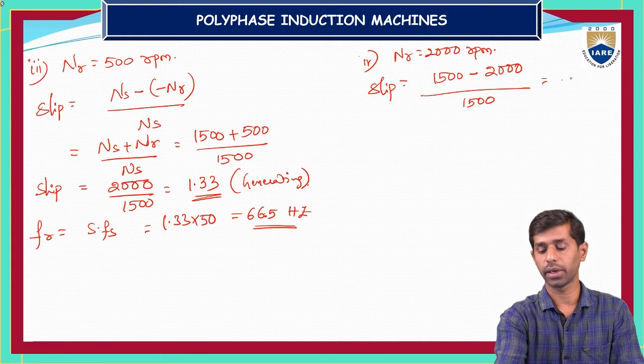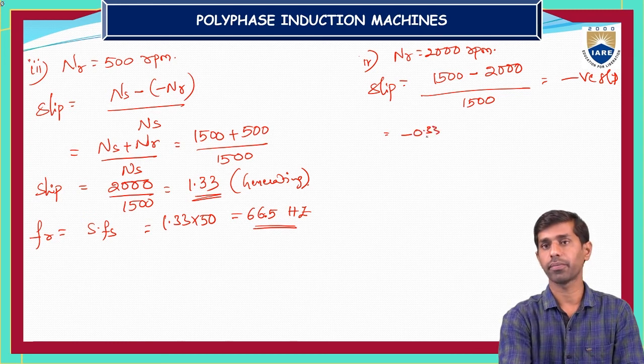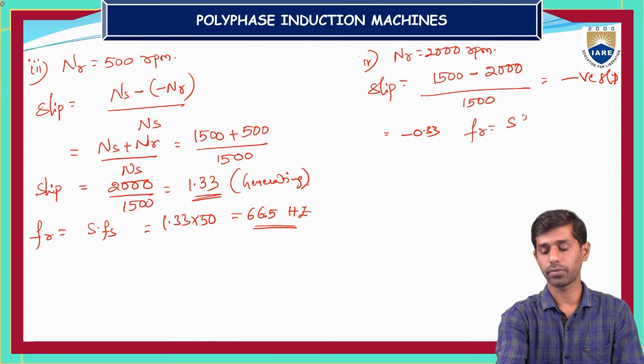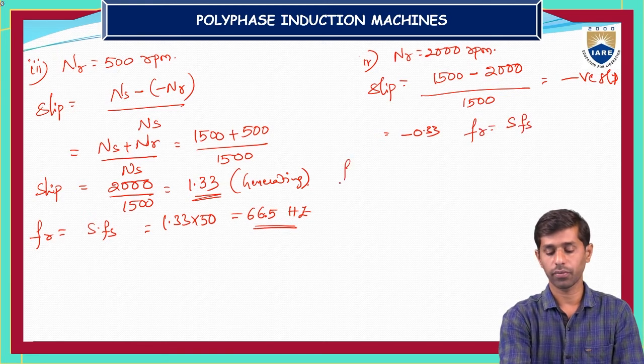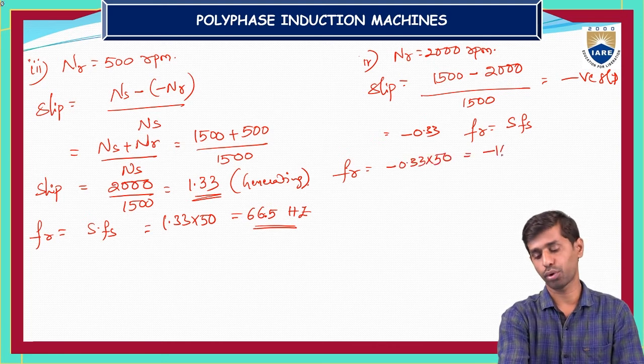We will get a negative slip, around minus 0.33. Similarly, the frequency of the rotor equals s times the frequency of the supply. So Fr equals minus 0.33 times 50 Hz. We will get minus 16.6 Hz.